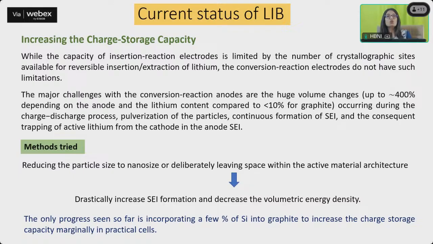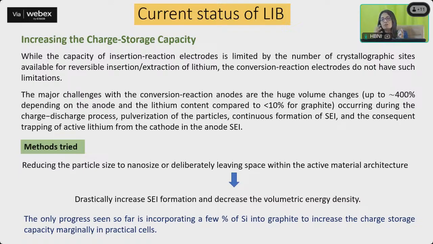You can increase the n value by using systems known as conversion reaction anodes. So instead of intercalation, which is the carbonaceous anodes, you can also have materials which undergo conversion, or materials which undergo alloying. If alloying is happening, then lots of lithium is getting intercalated in a single molecule.